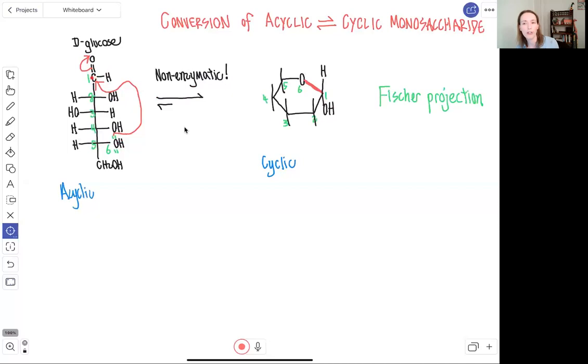Position 1 is not initially a chiral center, it's a trigonal planar carbon, but it becomes tetrahedral as a result of this reaction. And in the reaction, there's no preference for this oxygen to attack from the front of the molecule or the backside of the molecule. And so as a result, you can end up with multiple configurations here, where the hydroxy group can be oriented either downward or upward.